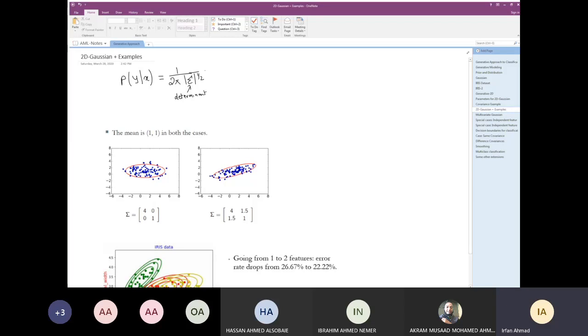And it's times e to the power of, if you remember last time, minus half, then you had x minus mu squared over sigma squared, but because now you have two features, you'll have the vector x1 minus mu1, x2 minus mu2, transposed, times the covariance inverse, times this x1 minus mu1, x2 minus mu2.